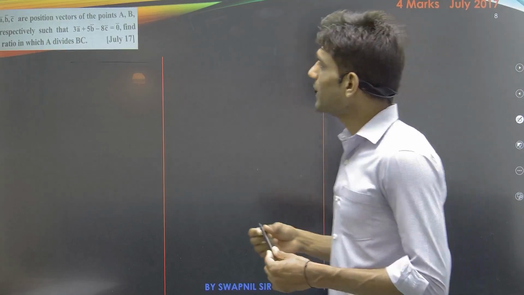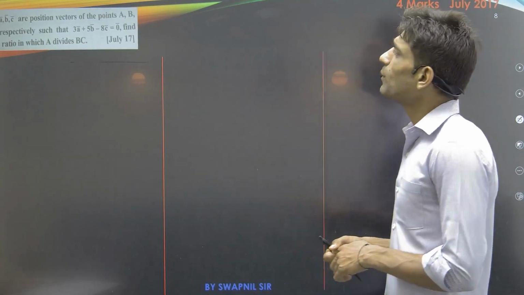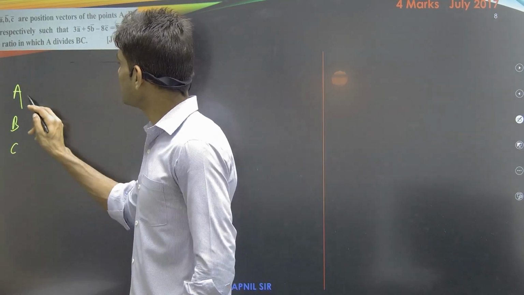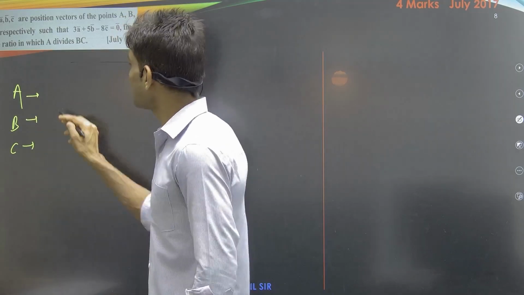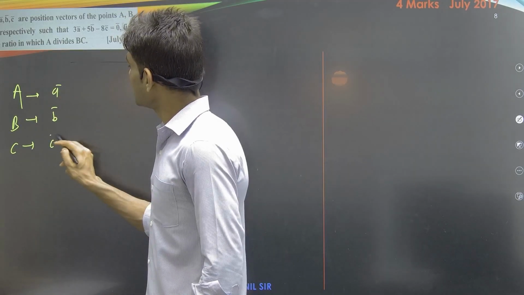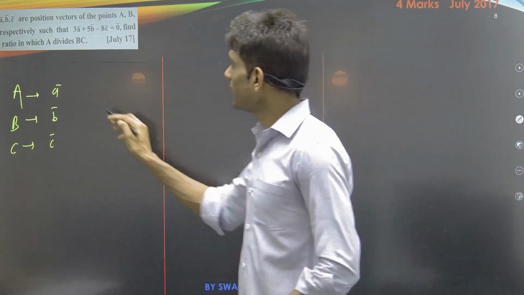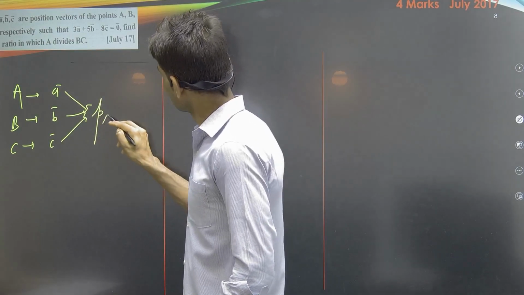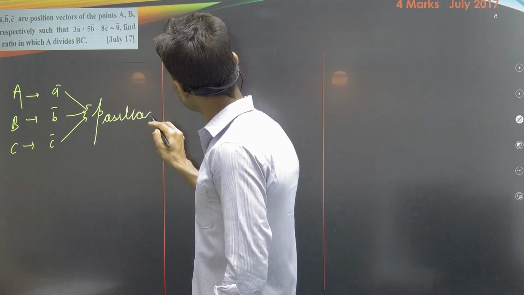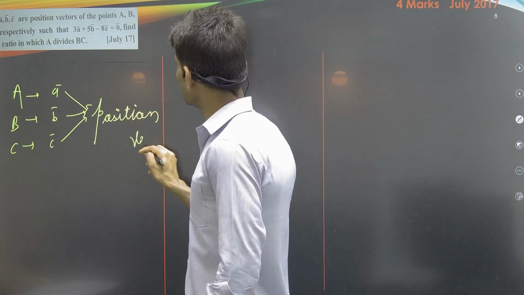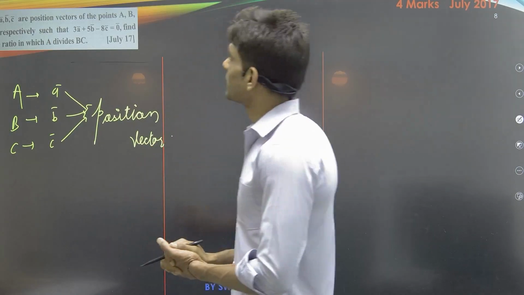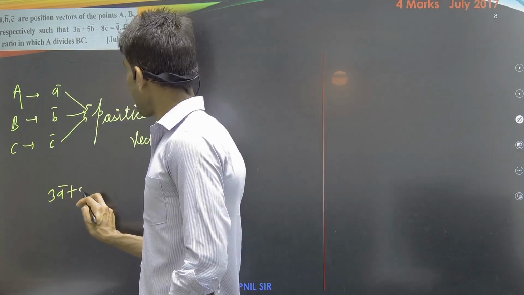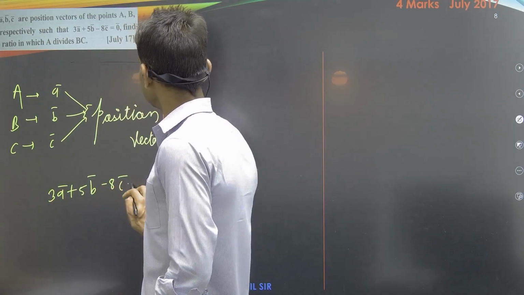In our next example, we are given a bar, b bar, c bar as the position vectors of points capital A, capital B, capital C. These are the vertices given, and small a bar, small b bar, small c bar are the position vectors, such that 3 times a bar plus 5 times b bar minus 8 times c bar is equal to 0.